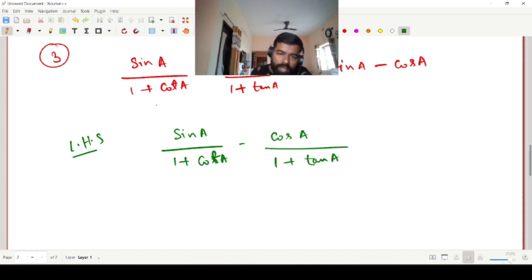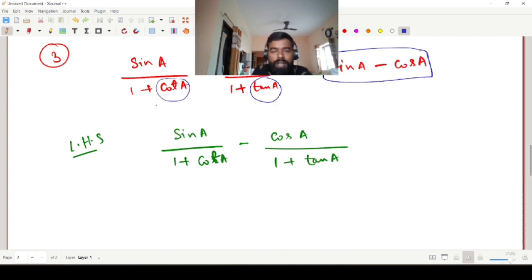So the next problem is this, and how to start. As you can see, the right hand part is only sine and cos, but here it is cot and also tan. So we need to change these two, cot and tan, into sine and cos. Then we'll see what we can do next.